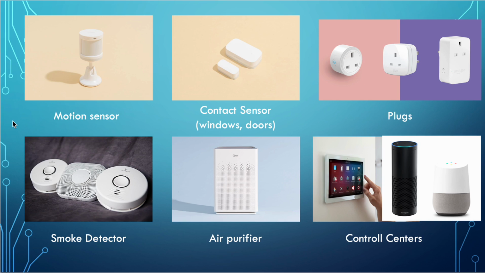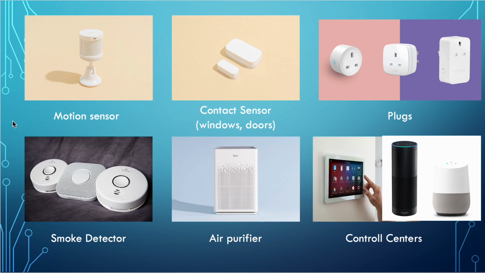When coming to these physical objects or devices in IoT, one of the more used in factories or business environments, but it is used in homes as well, motion sensors.